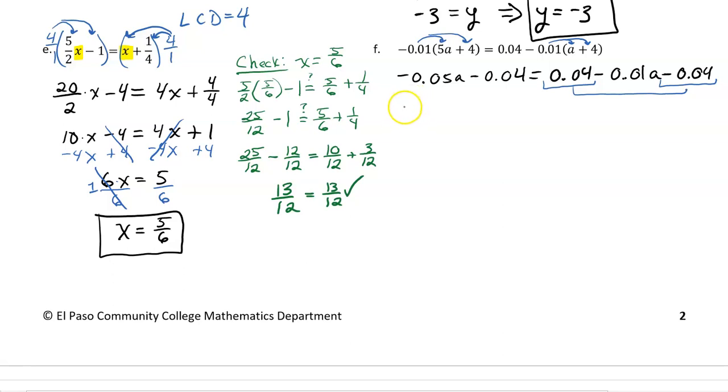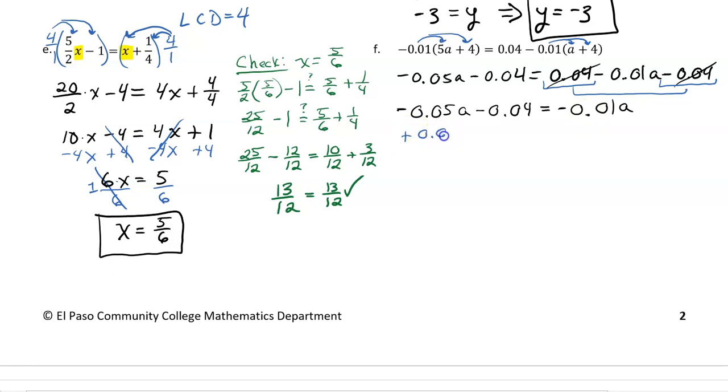So that way I can start to simplify things. My left side was the same. And it turns out that 0.04 minus 0.04, that cancels. And I'm left with the negative 0.01a.